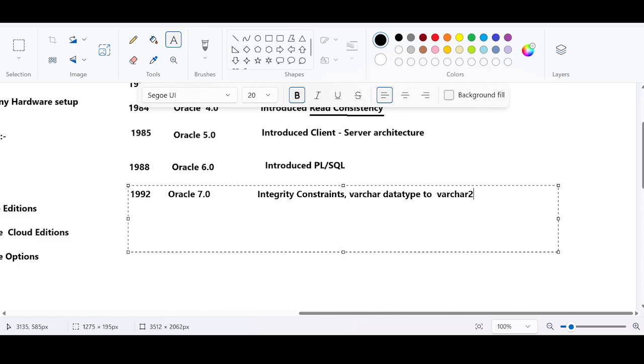And also they introduced things like triggers and stored procedures. These are topics that we'll be discussing in the future: stored procedures, functions and triggers.